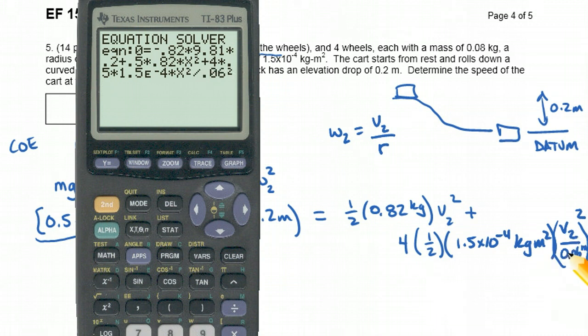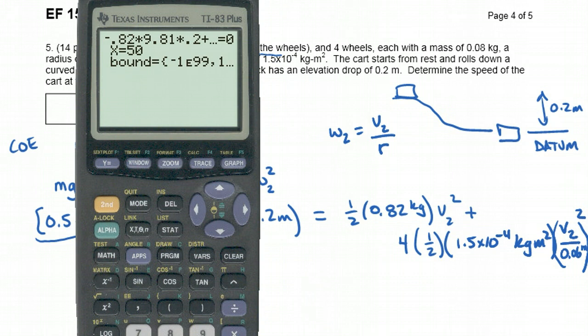I could have put both of those in parentheses and squared the quantity. I just squared each individual term. I believe that'll do it.